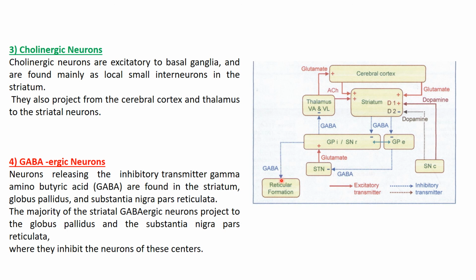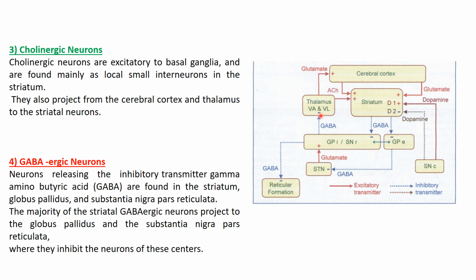Also, the input coming from the globus pallidus internal segment to the thalamus is mainly inhibitory through the secretion of GABA.